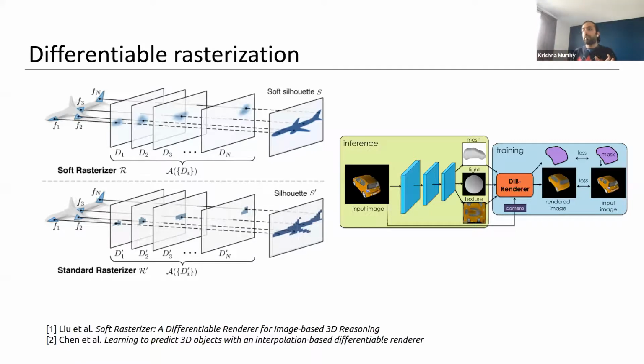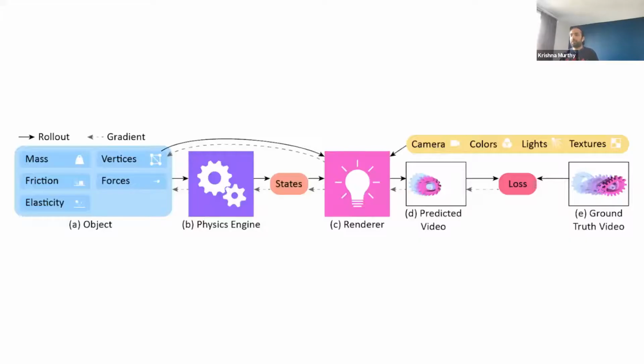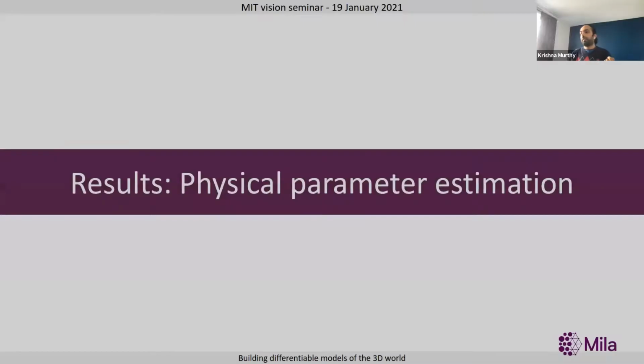Both of these are rasterization-based, so they don't necessarily simulate light transport, but we found that in our case these work quite well, particularly because we're working with simulated videos. To put it all together and remind you of the pipeline: we have this differentiable physics engine based on a source code transformation approach, and then a renderer, which predicts a video. You compute an L2 loss pixel-wise with respect to the ground truth video and then backprop all the way.